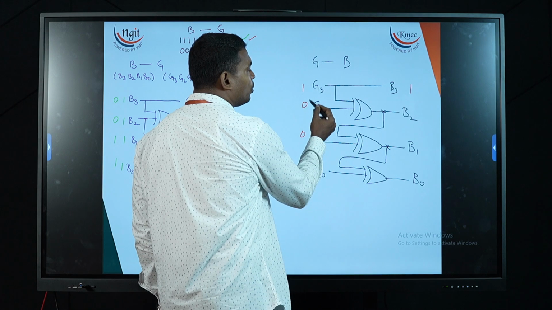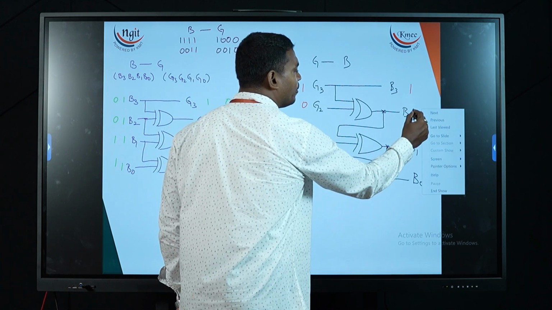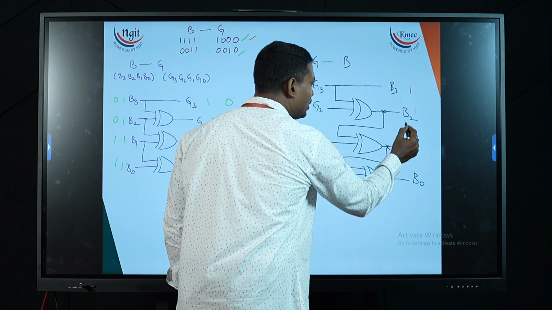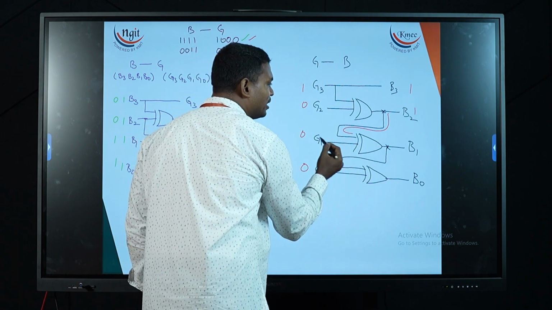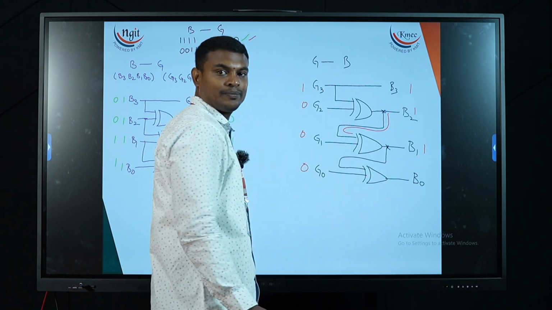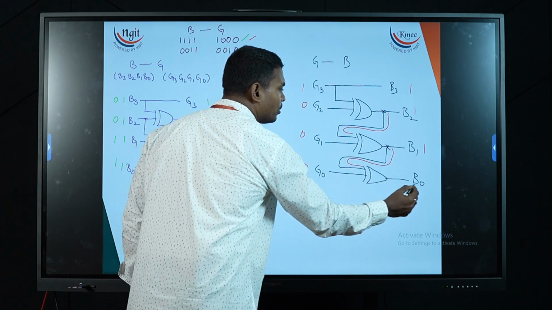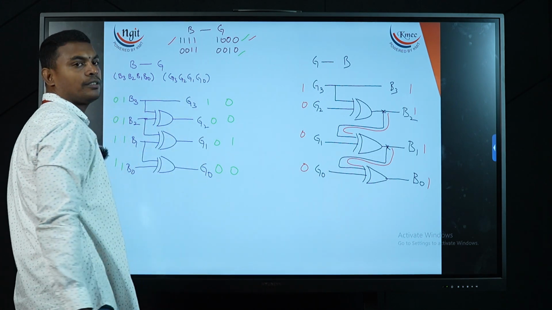Next, 1 and 0, two different values. Exclusive OR is going to generate 1 here. Next, this 1 travels here. What happens? 1 and 0, different values, output is 1. Next, again this 1 travels here. 1 and 0 is going to give me 1. So I got all four ones, the required result.